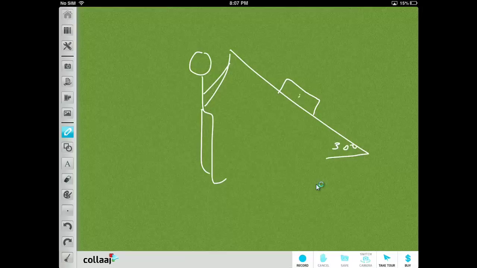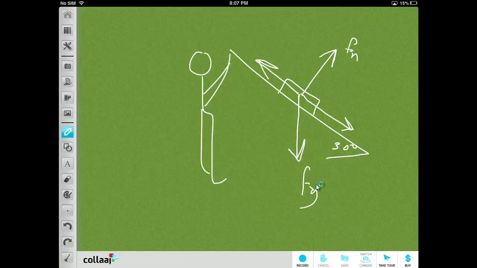Let's draw the famous forces. FG is always downward. Fn is perpendicular to the surface, or normal to the surface. It's going to slide here, and you have the friction force here. So this is Fn, this is Fg, this is F sliding, and this is friction force.